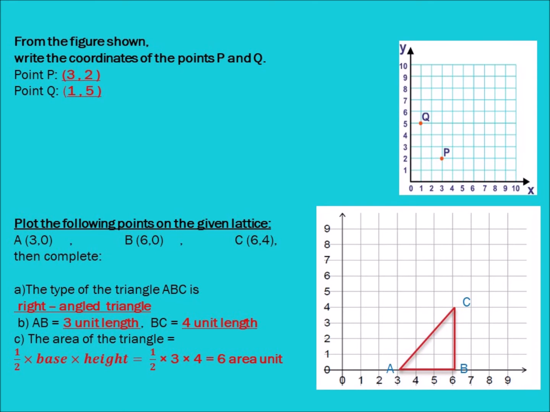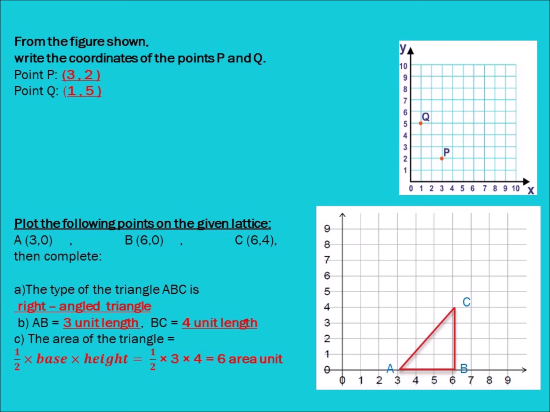Second slide, we have also a figure shown, and it wants you to write the coordinates of the points P and Q. The numbers of P and Q are given in the exercise here, and you just have to plot them on the y and x axis. We have point P, 3 and 2. How can you record it on the figure shown?